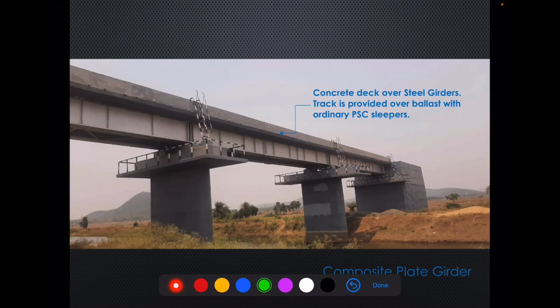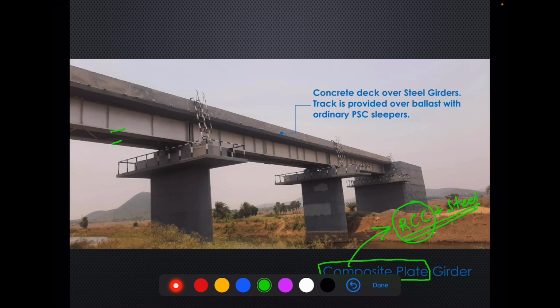Now there is another kind of steel girders which are called composite plate girders. Composite means we are combining the effect of RCC and steel to mitigate our loads and forces. So what we are doing here, we are providing two plate girders in pair, and above them we are providing a deck slab of RCC.